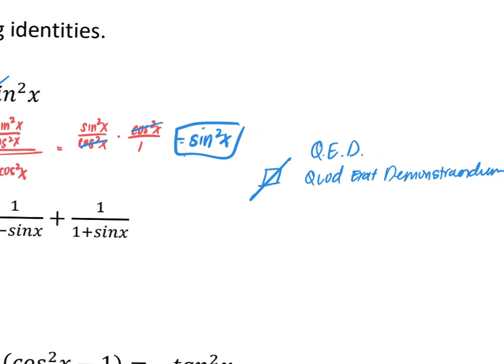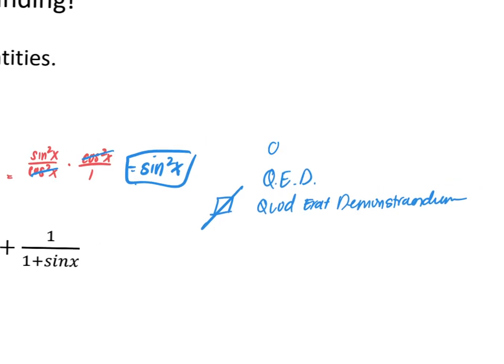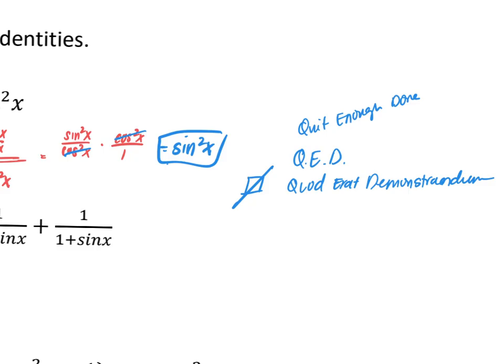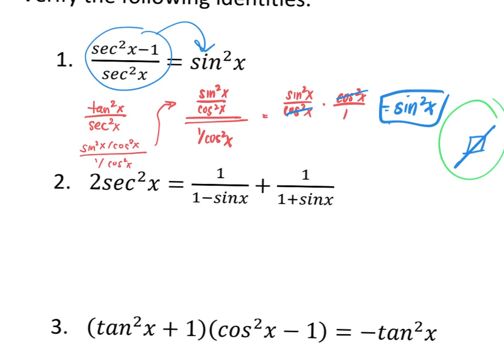Okay, some people say QED means quit, enough, done, but that's more just a joke, okay? It really stands for this Latin phrase, but I just am in the habit of drawing this box with a slash through it. Okay.